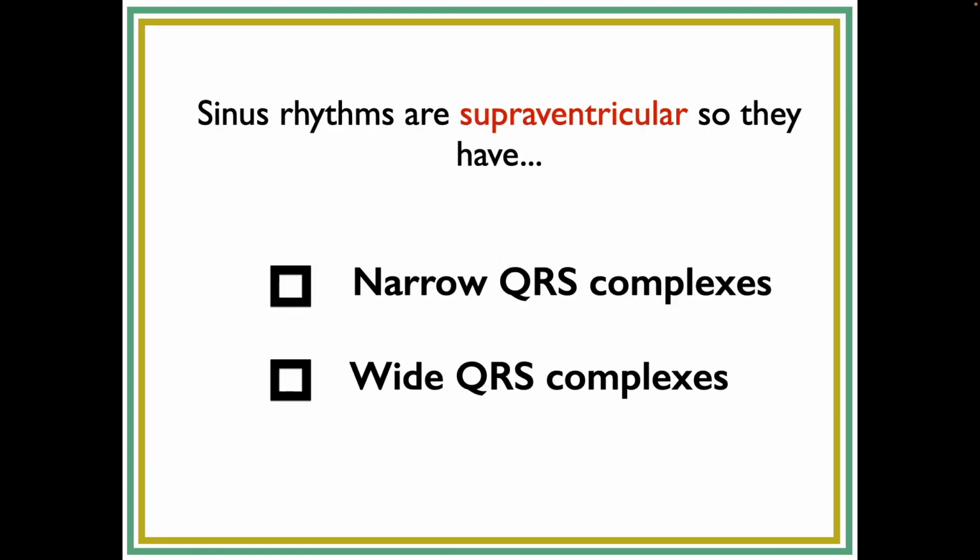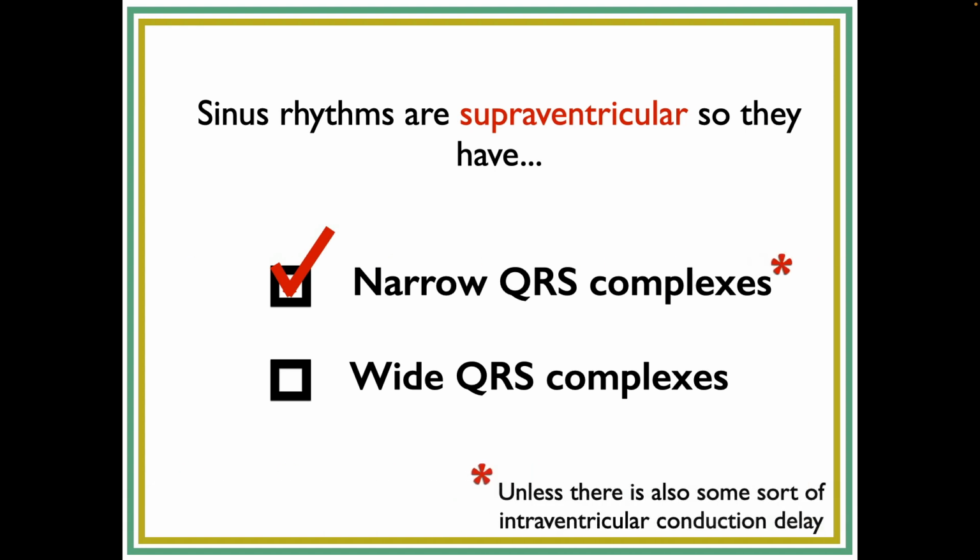And Andrew, sinus rhythms are supraventricular, so most of the time they have what, narrow or wide complex? Narrow, unless... Unless what? You sure? Yeah, I'm sure. IVCD. Okay, good. Unless there's also some sort of intraventricular conduction delay.